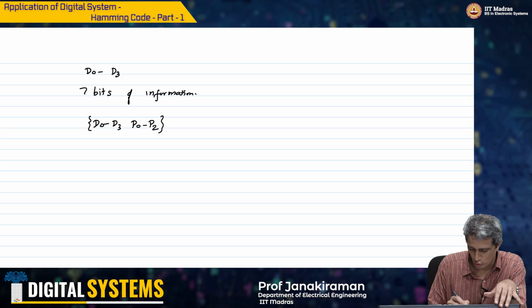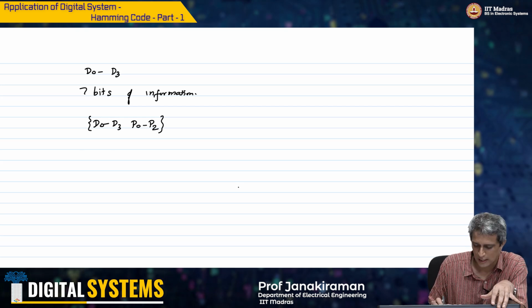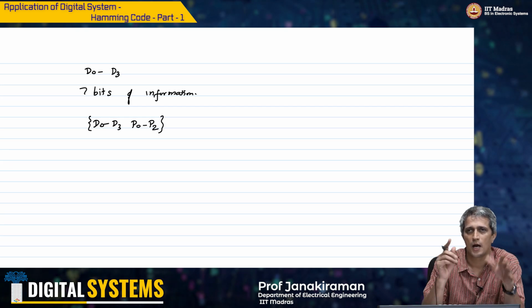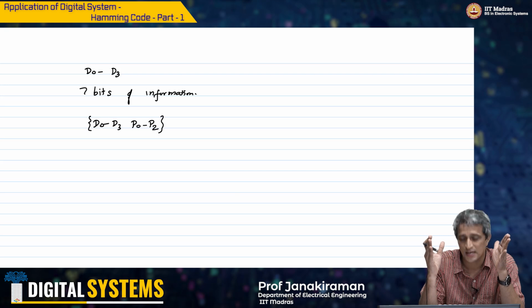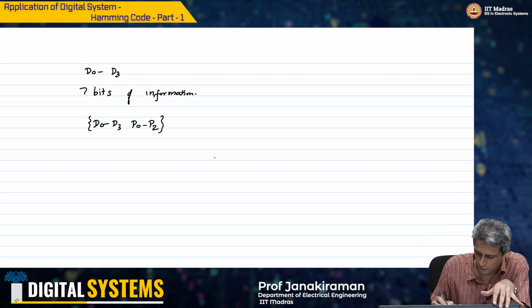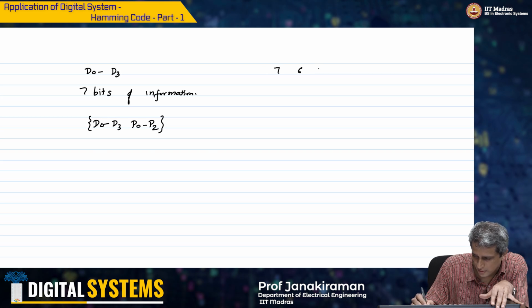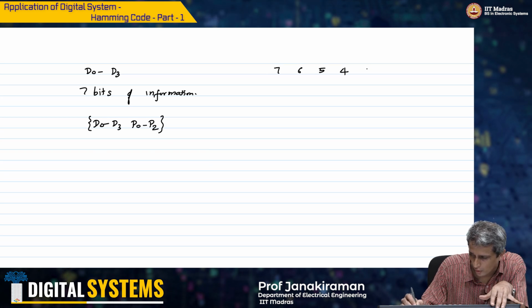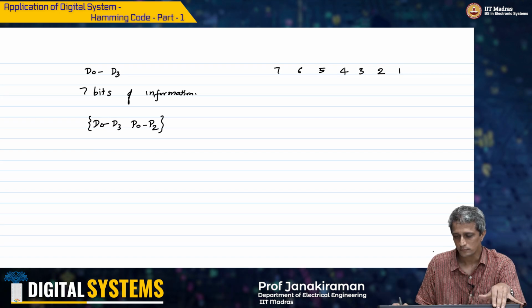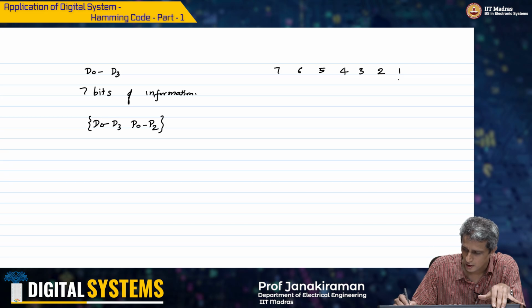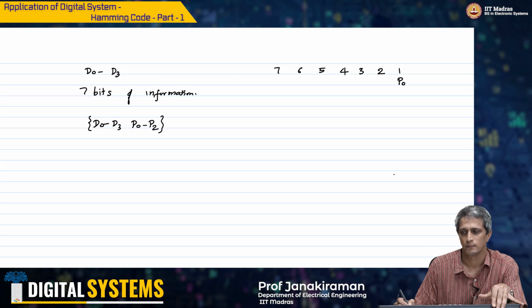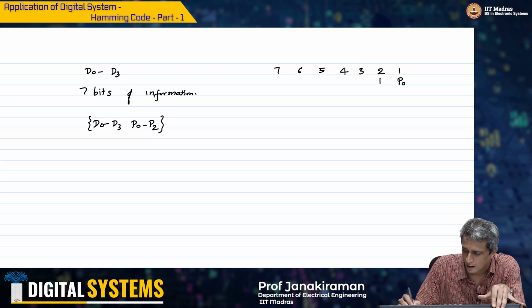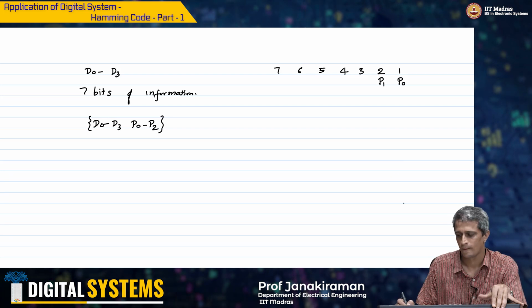So what I'm going to do now is assume that I have 7 bits of information, so I have bit positions 7, 6, 5, 4, 3, 2 and 1. I am going to put my parity bit P0 here, and P1 here.